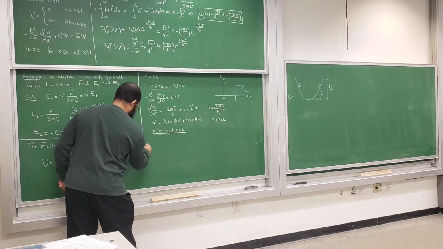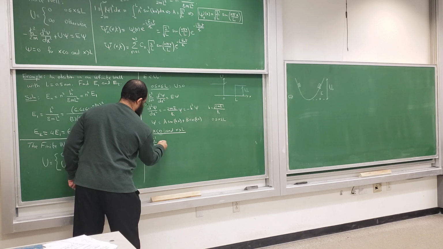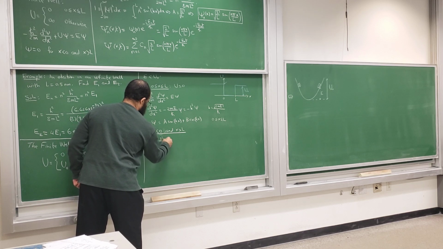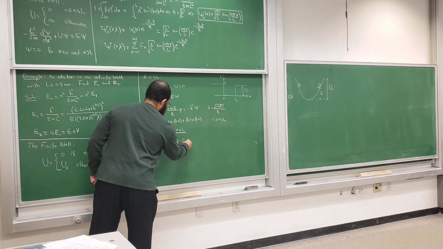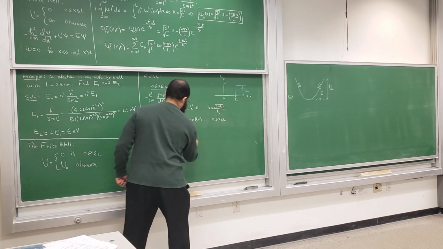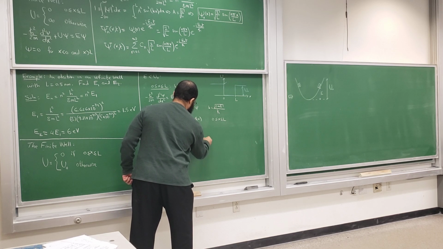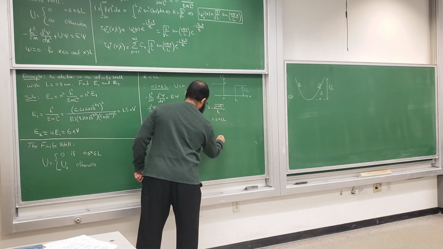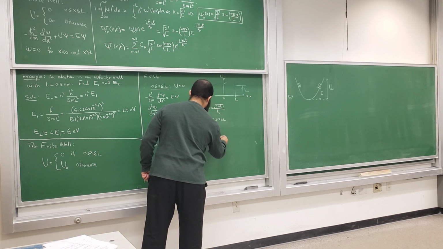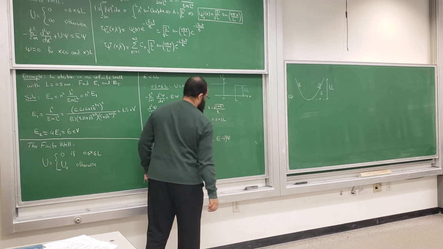We'll have minus h bar squared over 2m, second derivative of psi with respect to x, plus u times psi is equal to E times psi. And that means minus h bar squared over 2m, second derivative of psi with respect to x is equal to E minus u times psi.